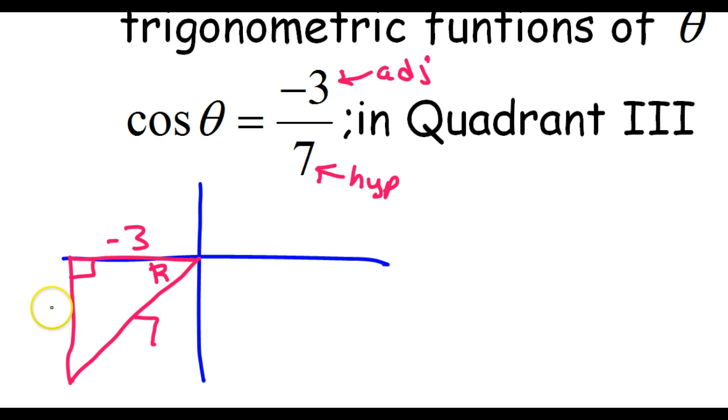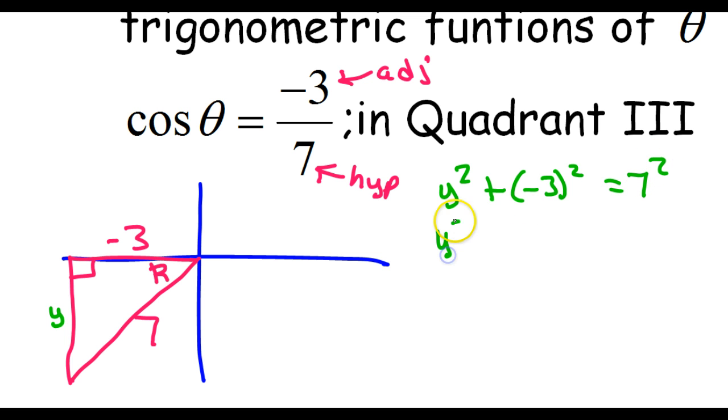Let's do a little Pythagorean theorem to find this vertical leg over here. a squared plus b squared equals c squared. So y squared plus -3 squared is equal to 7 squared. So y squared plus 9 is equal to 49.